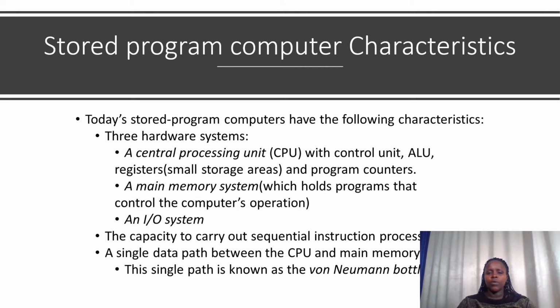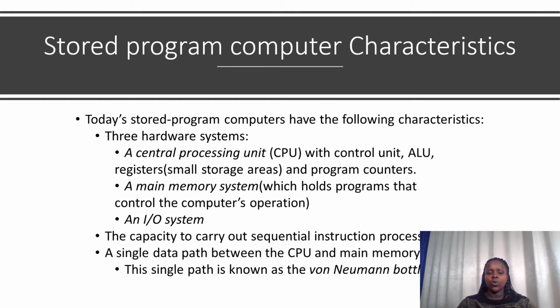The stored program computer characteristics. This stored program computer has three main characteristics. The first one is the three hardware systems. They comprise a central processing unit, the CPU, with the control unit, arithmetic logic unit, and the registers, which are small storage areas, and the program counter.